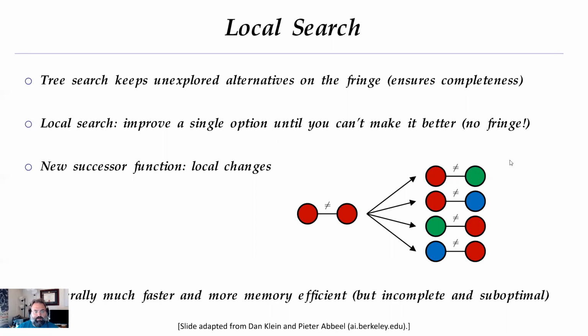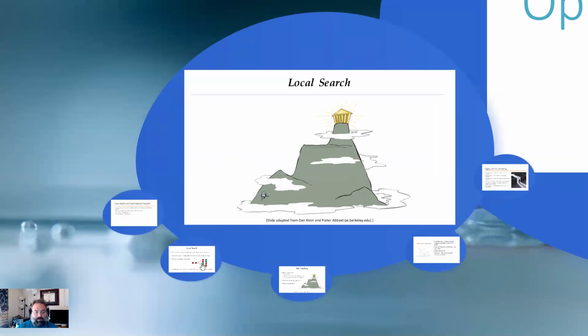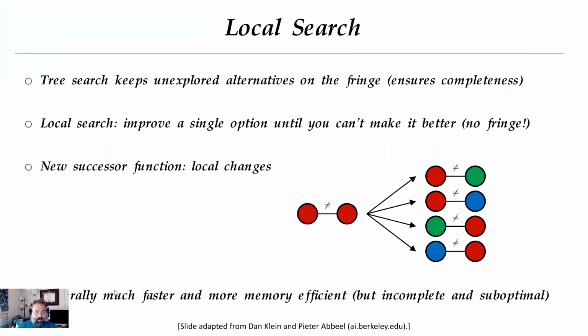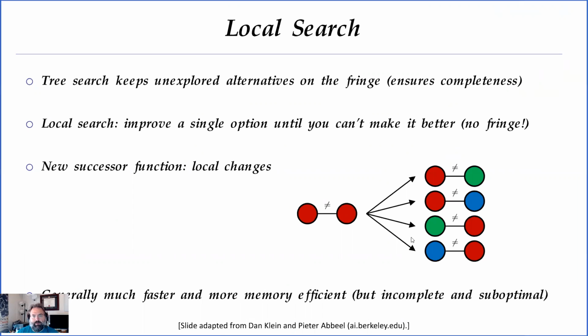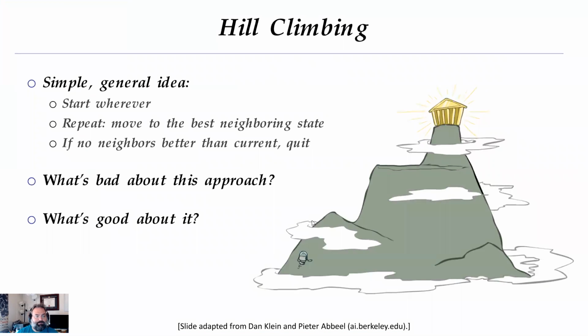So you're not necessarily going to be looking everywhere, and you pick the one that is the best, but you may have actually missed the one that was the overall best, and that's the downside of it. The benefit of that approach, though, is it's generally faster and more memory efficient, because you're trading off completeness and optimality for quickness and speed. It may be fine, may not be ideal.